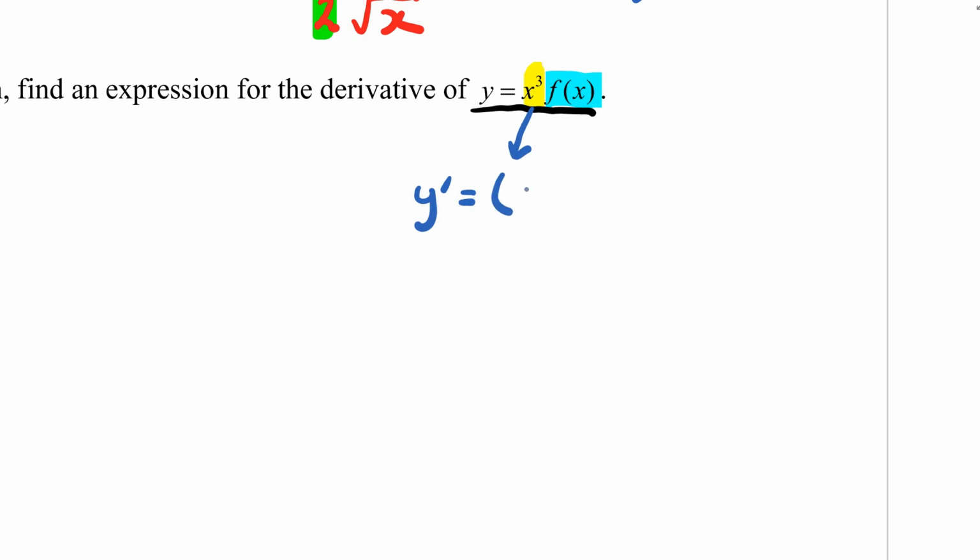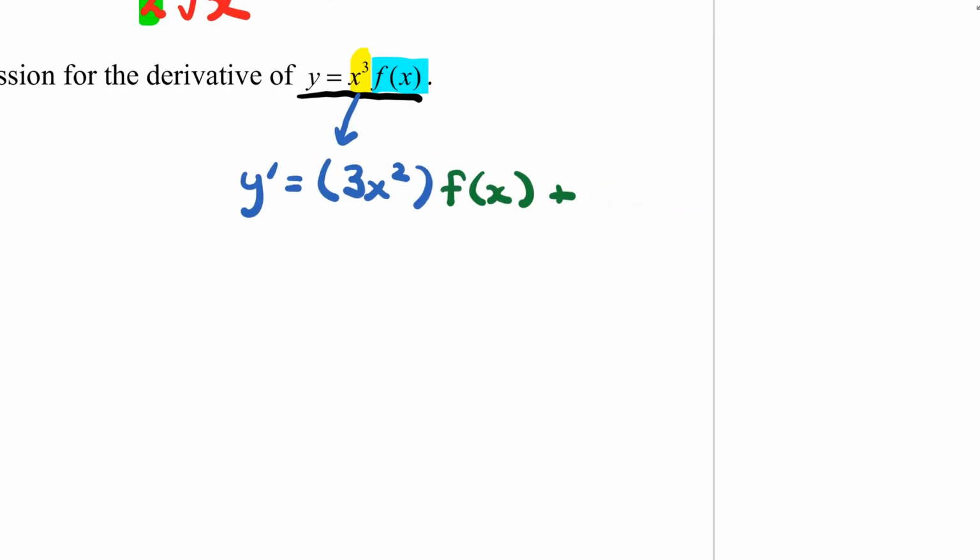The derivative of x cubed is 3x squared times the second function, which is f of x, plus the derivative of the second function. Now I like this one because the derivative of f of x is just f prime of x. And then the first function is x cubed. And there you go, there's the derivative of that particular problem.